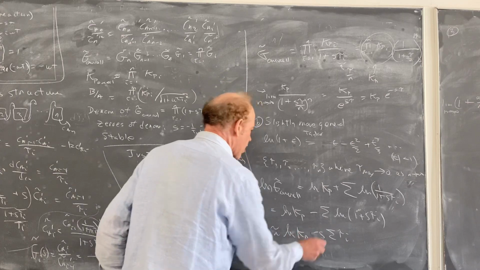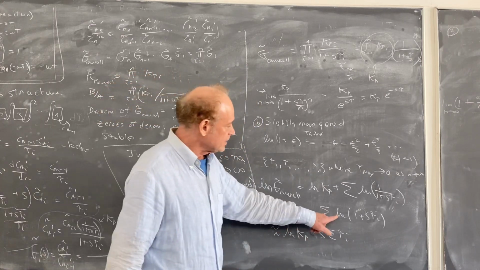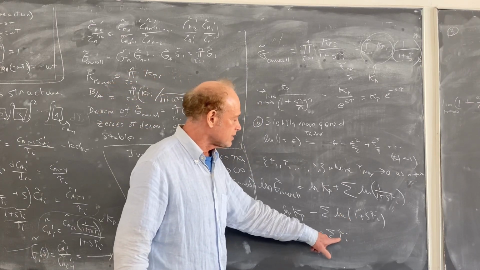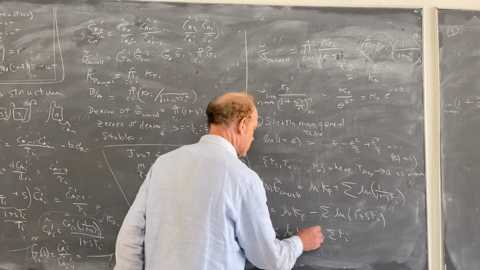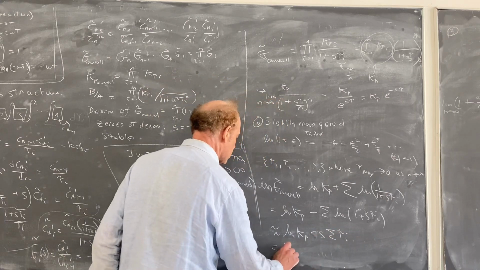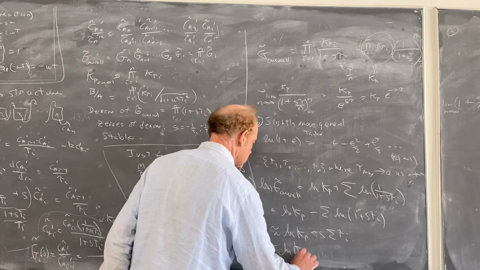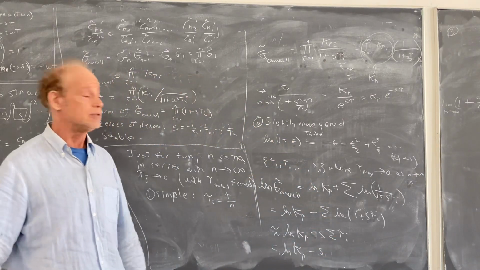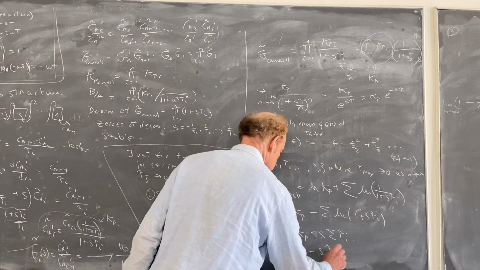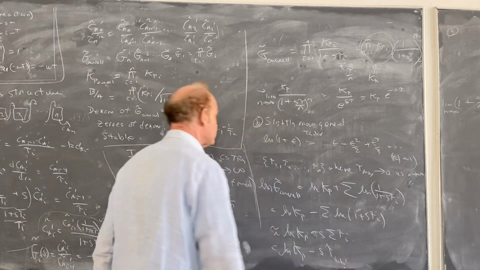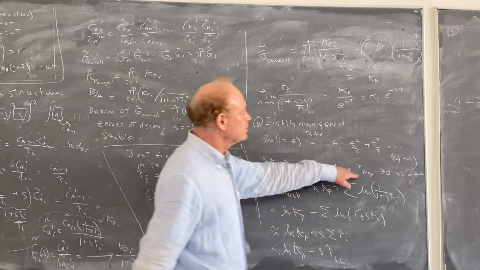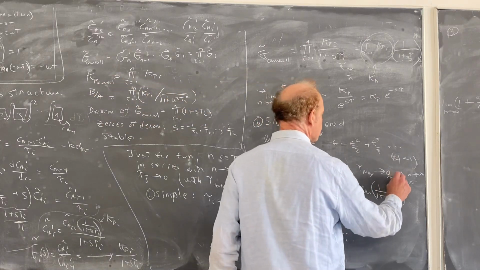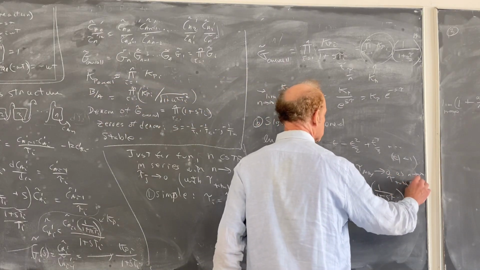So then I have a minus sign here, and the sum of the logs just looks like the sum of the s tau i's. And this is just equal to the log of Kp minus s, and the sum of the tau i's is tau total. So remember, I'm letting tau max go to 0, but tau total fixed.